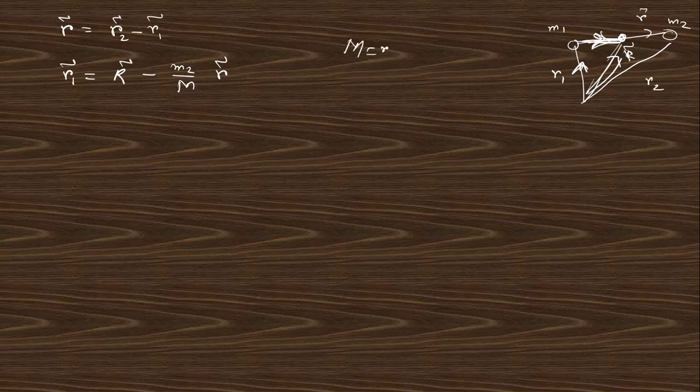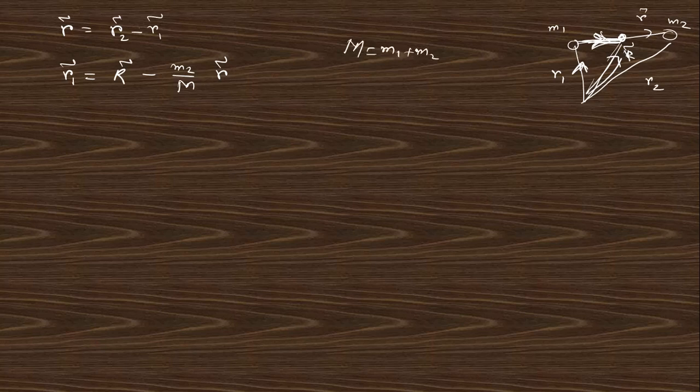This was small r, and the center of mass will be capital R. So the r vector equals r2 vector minus r1 vector, and r1 vector can be written as R vector minus m2 by M times r vector, because this position r1 vector equals this R vector minus this portion, which is m2 by the total mass M, that is m1 plus m2.